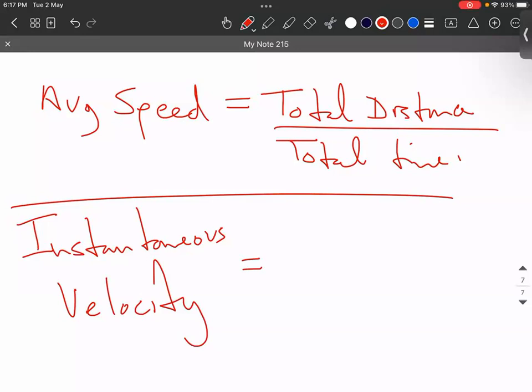Instant. Good. So the idea is that an average value of velocity is going to give you the average thing. It's total displacement by total time. But if I want to know at every instant of time what the velocity is, that is called instantaneous velocity.